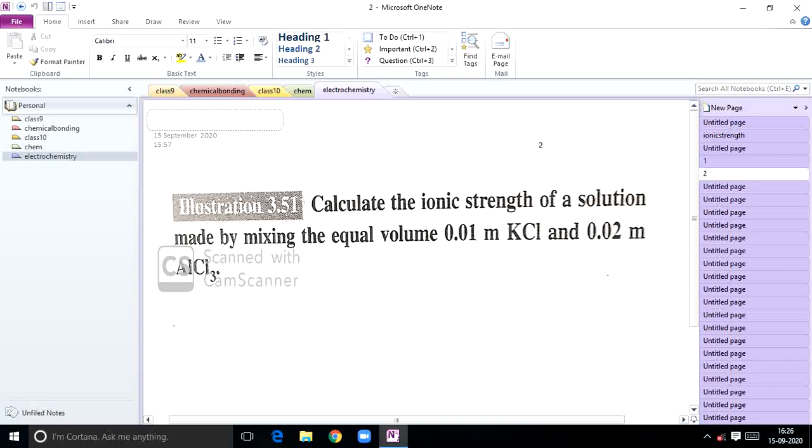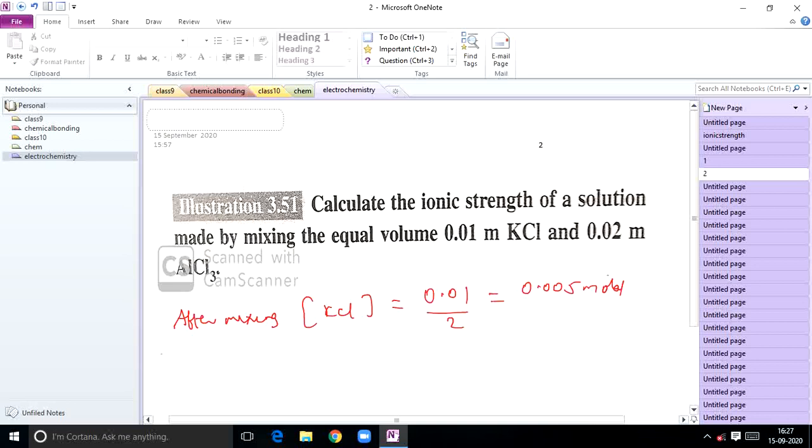After mixing, what will be the concentration? See, here they are telling equal volumes. So after mixing, concentration of KCl is equal to 0.01 by 2 becomes, because equal volumes now. 0.01 by 2, 0.005 molal.